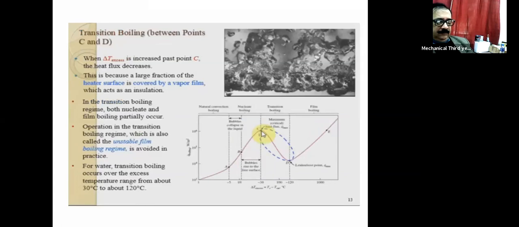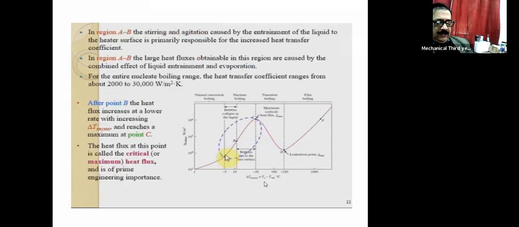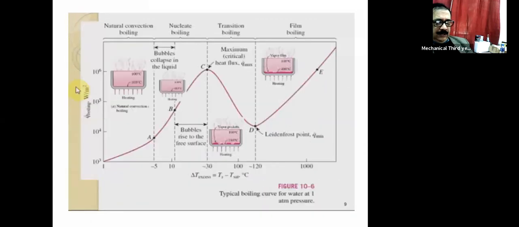Transition. As you can see, the next zone we call the transition zone. Here, the excess temperature is increased past point C. See, it has increased considerably from this one. Now you see here, this transition zone: the temperature difference is from 30 to 120.